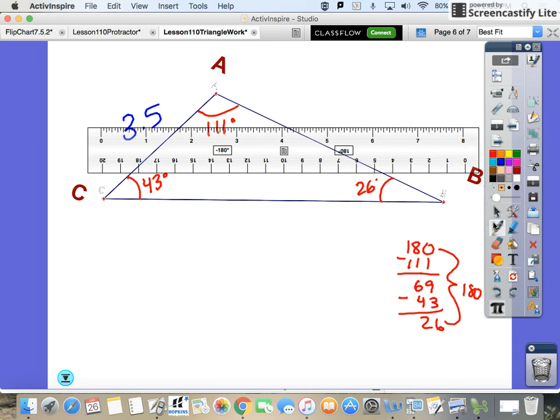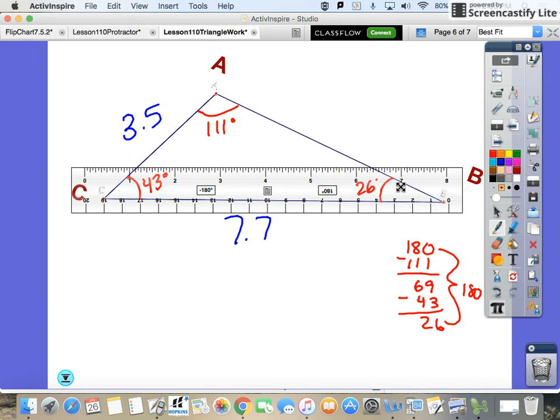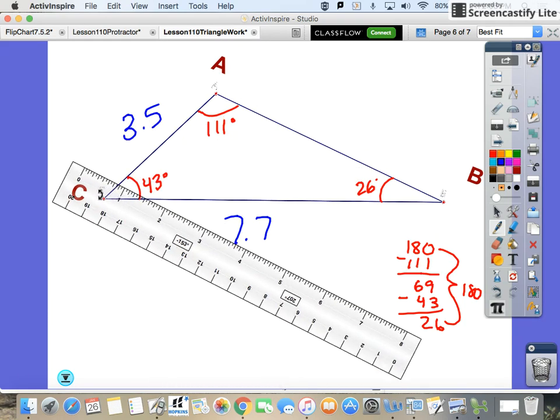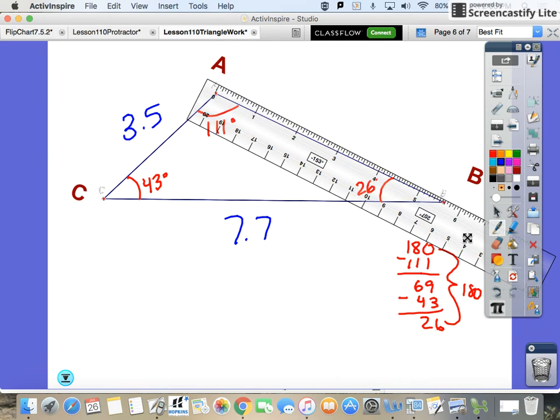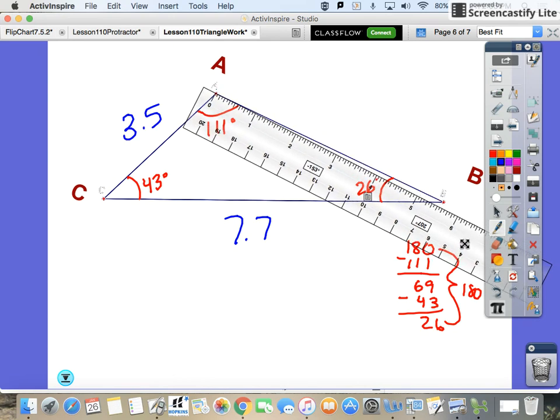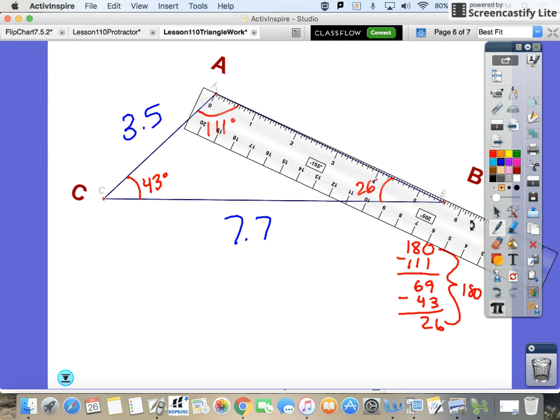And then last, let's check this one. So we've got 0. Trying to rotate this a little. We get 5.1, 2, 3, 4, 5, 6, 7, 8, 9. 5.9.